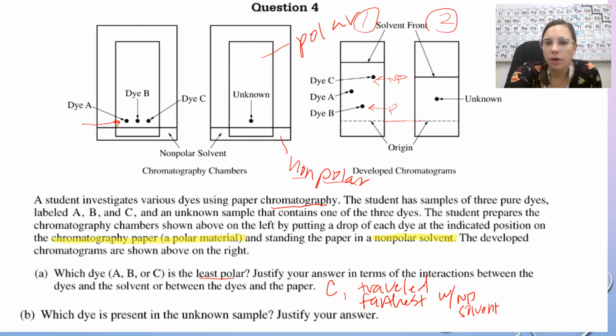So if we look at how far it did travel compared to the other one, it traveled further than B, but less than A, but again, we let the whole front travel less. So if we kind of proportionally brought this down, we would say that this is most likely dye A.